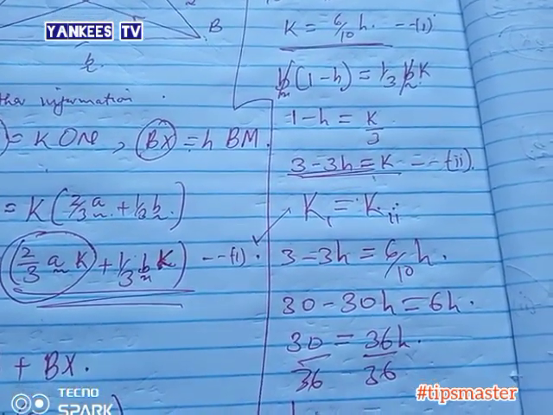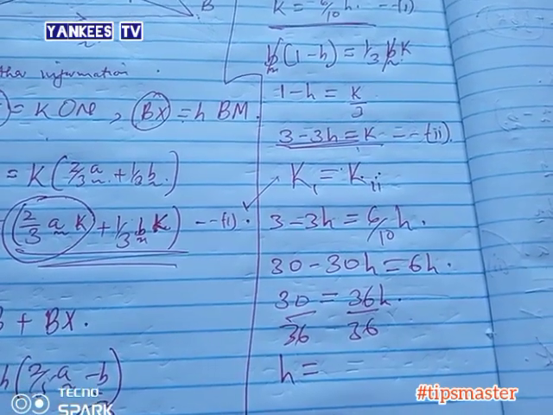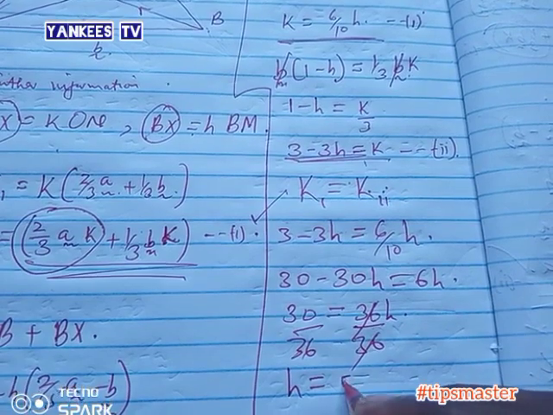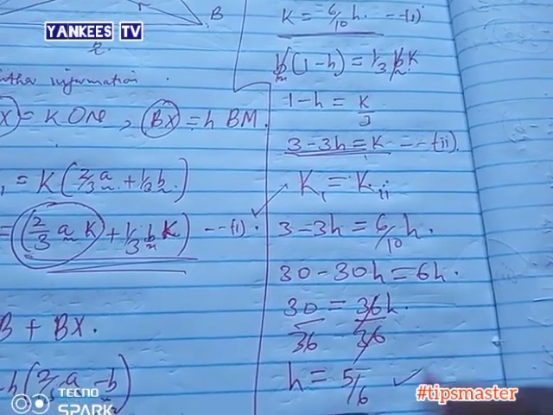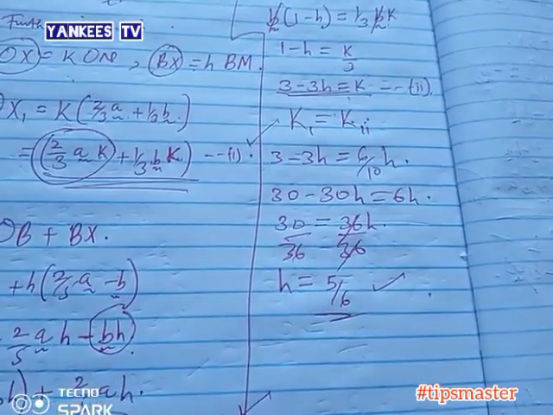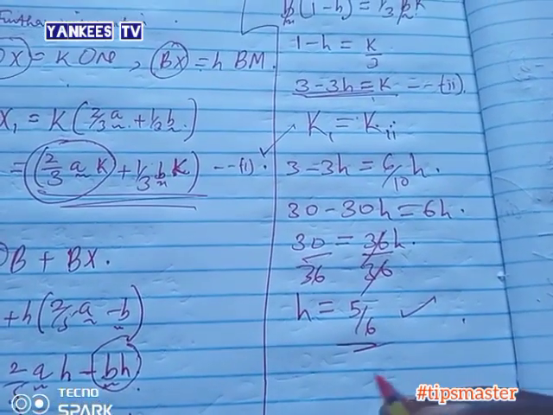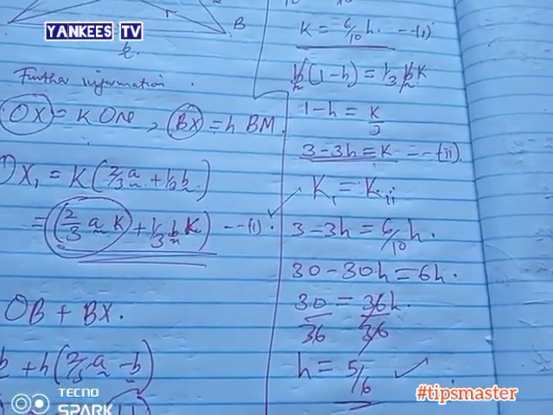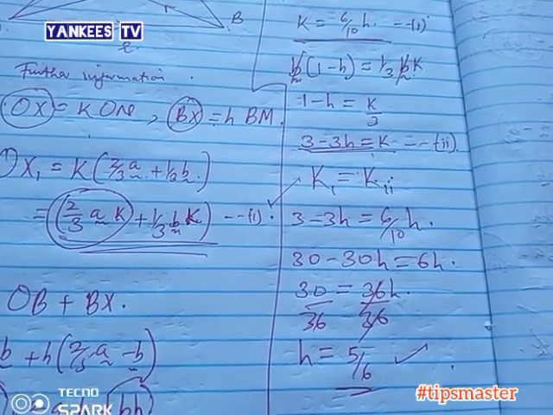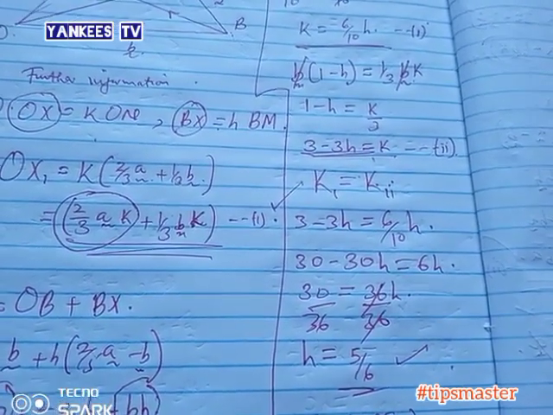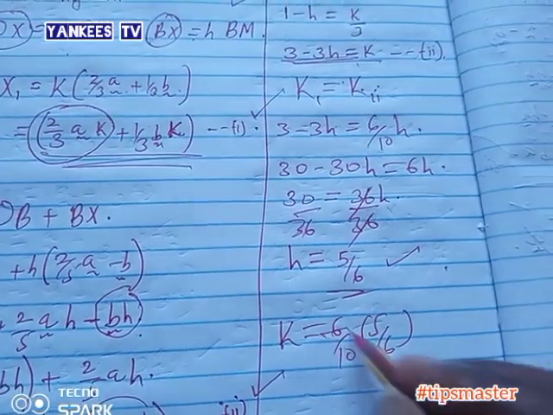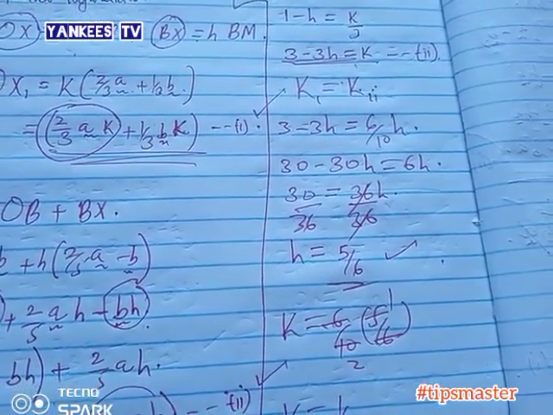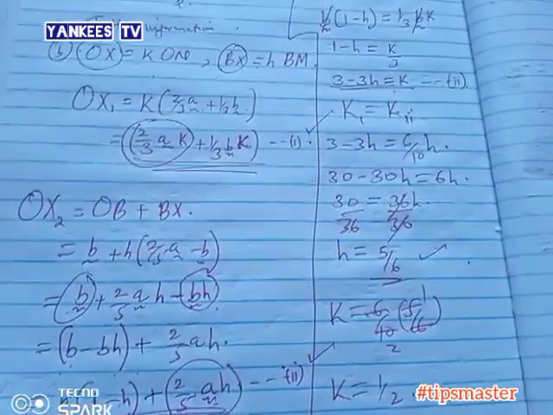So H alone becomes 5 over 6. Substituting for K, take one equation, K is equal to 6 over 10H, and H is 5 over 6. So 6 for 6, 5, 1, 5, 2. K becomes half.